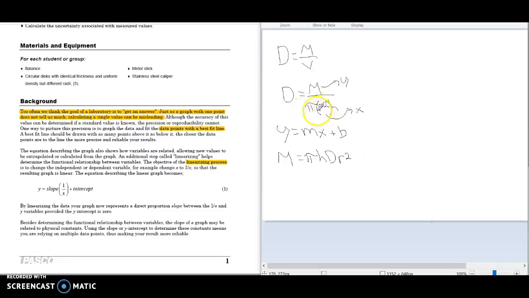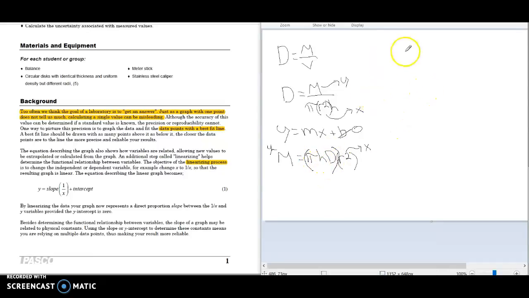What I did is I just took this quantity, put it on the other side of the equation, and rearranged the variables a little bit in a different order so that the mass is in our y slot, and then this r squared is in the x slot. Now b is going to be 0 for the y-intercept, so we don't need to worry about that. And then what's in the slope slot? This quantity right here. These constant variables are in the slope slot.